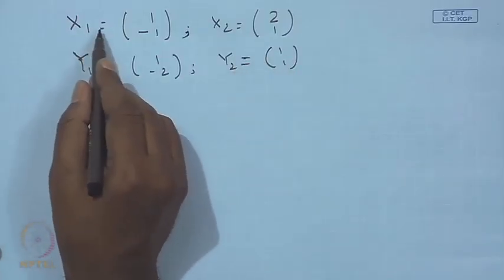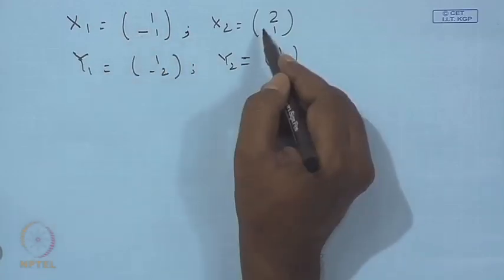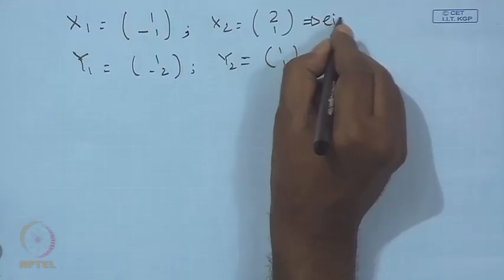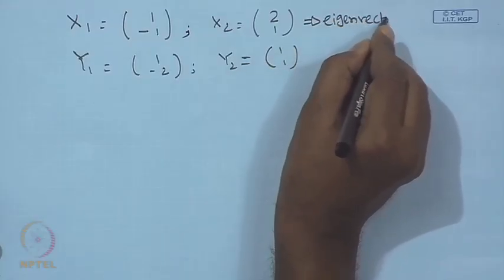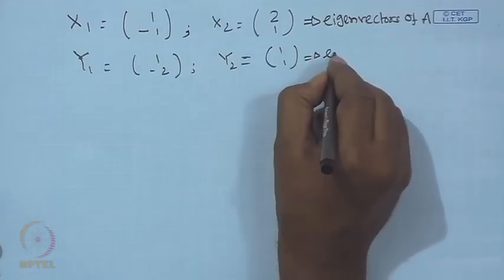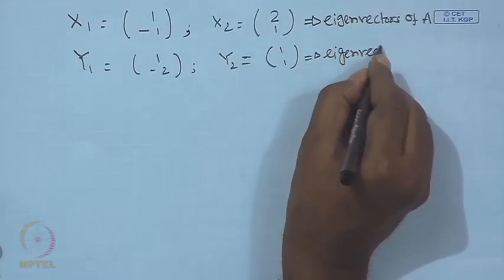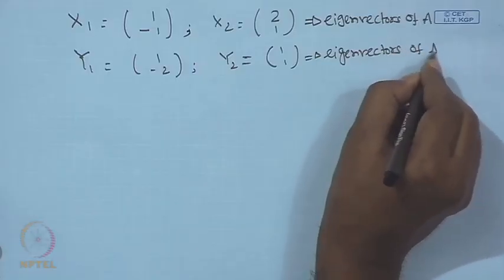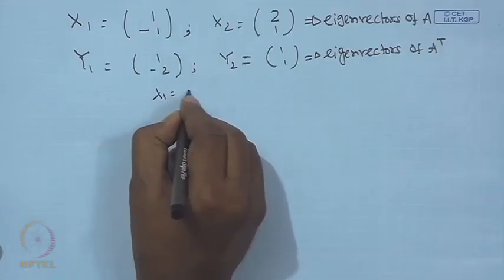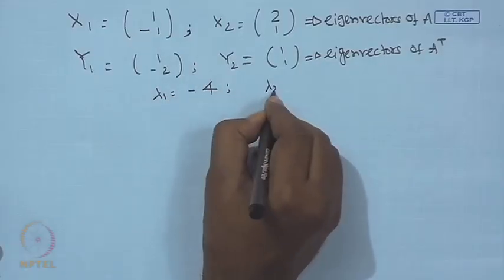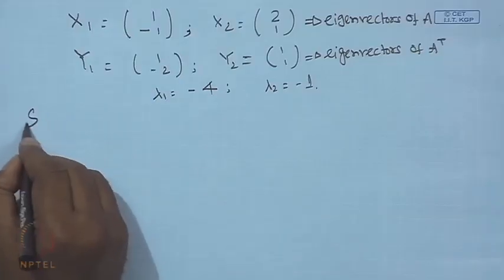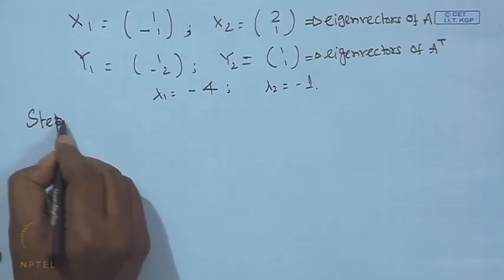The first of each pair corresponds to lambda 1 is equal to -4, and the second corresponds to lambda 2 is equal to -1. So, they are eigenvectors of A and eigenvectors of A transpose, and the eigenvalues, lambda 1 is equal to -4 and lambda 2 is equal to -1.